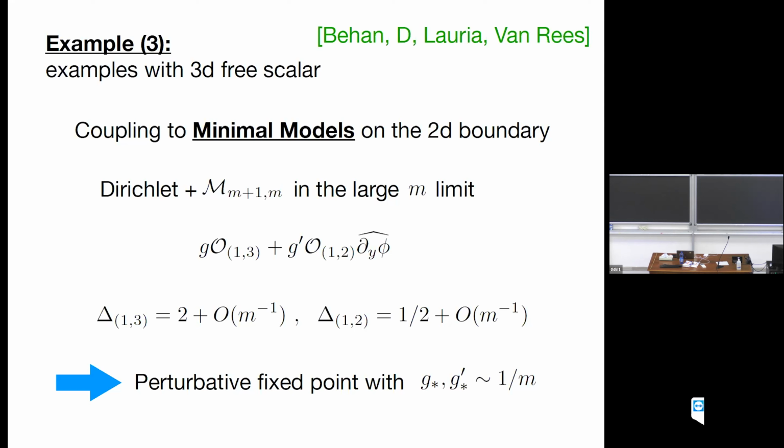Then it looks like this coupling becomes a descendant. Yes, the usual thing that happens in RG flows is that you start with something which is relevant, and then from the point of view of the IR, it becomes irrelevant typically.